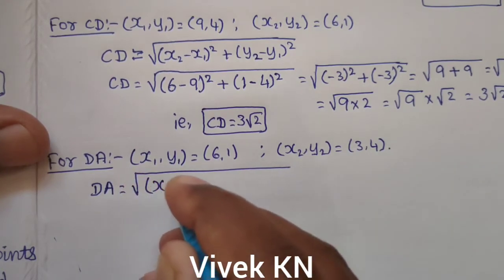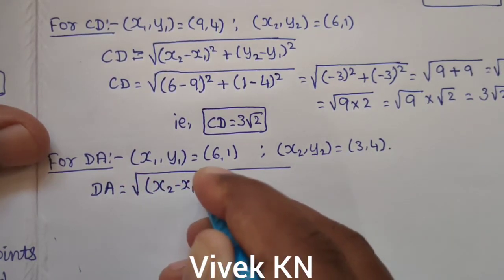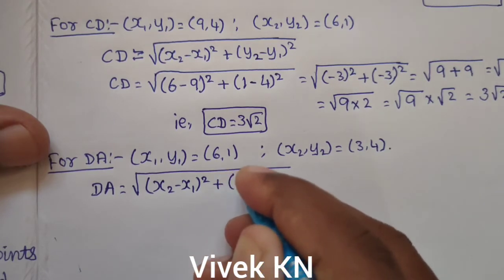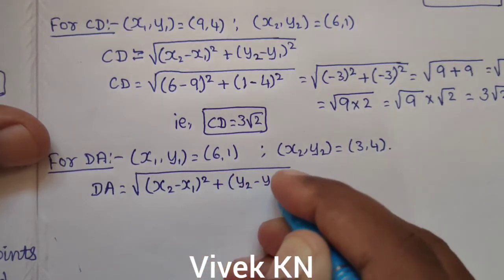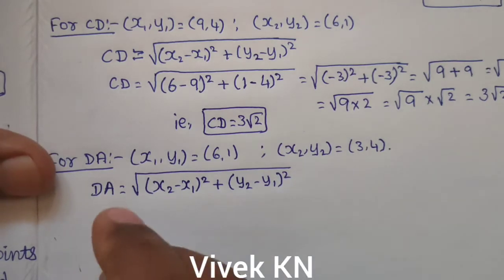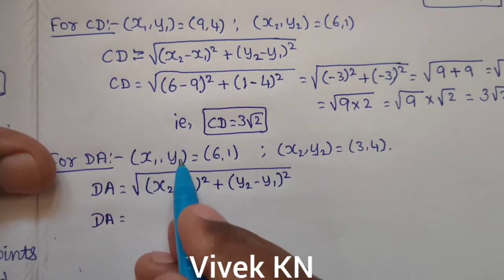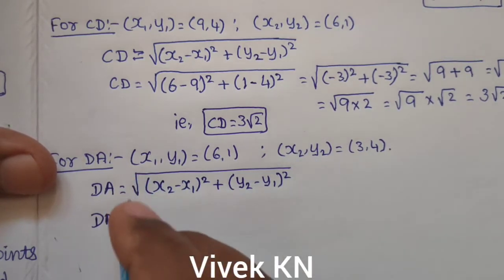x2 minus x1 whole square plus y2 minus y1 whole square. Now let us substitute the values of x1 y1 and x2 y2 here.